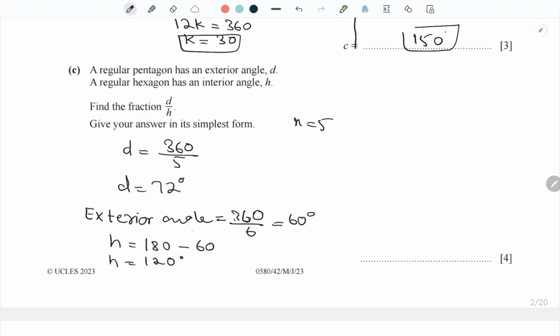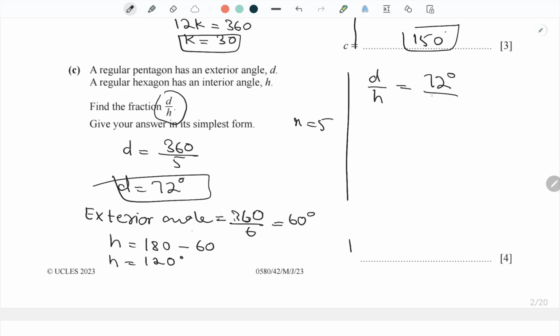Now we want to find the value in the form of a fraction, so we have d over h. The value of d is 72, and the value of h is 120. Now we cancel down, dividing by 24.